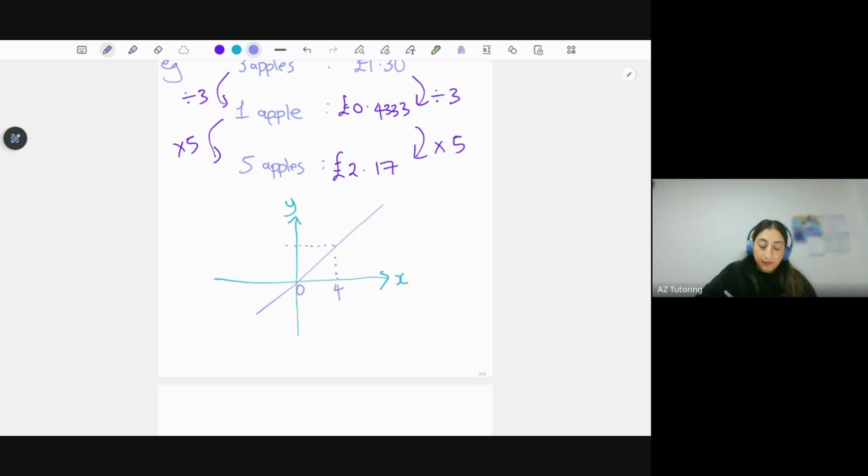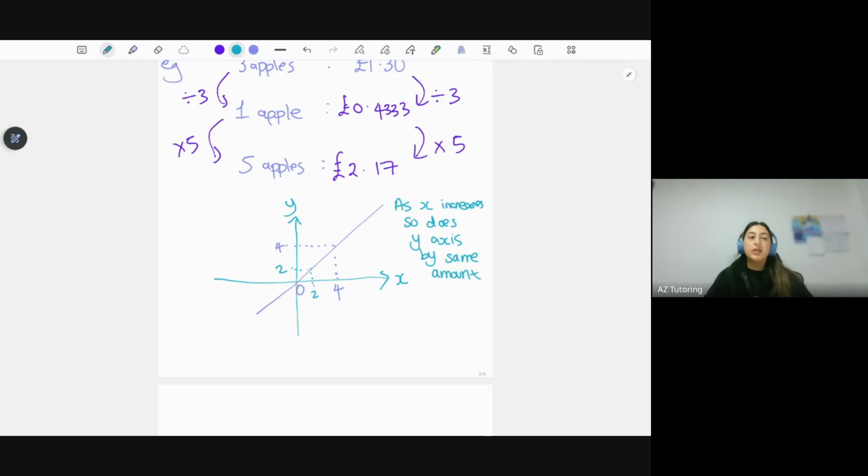So if x is going to be 4, y is going to be 4. If my x-axis is 2, my y is going to be 2, because it's a straight line going through exactly the middle.